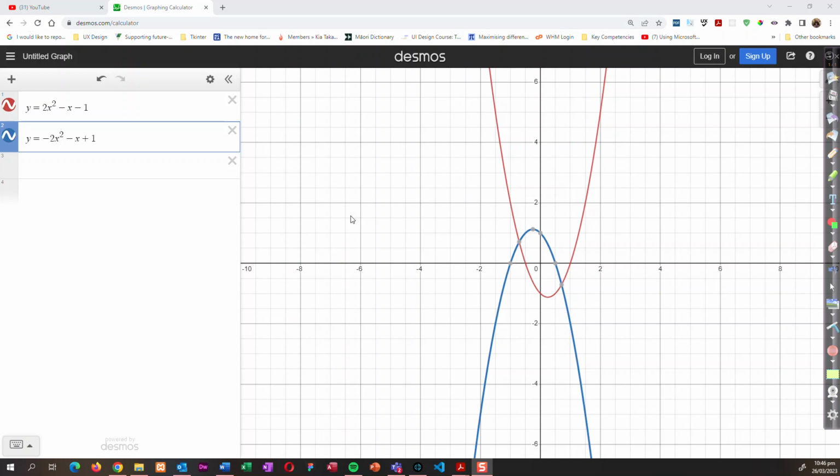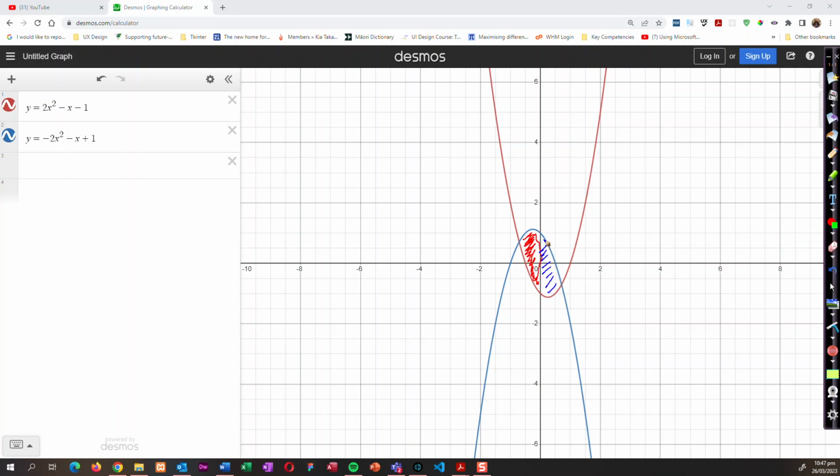Right, so here we are in Desmos. The area enclosed between these two is this area here. I think it's reasonably obvious that the line which divides the area into two, because you've got some symmetry here, is such that this area here and this area here are equal.